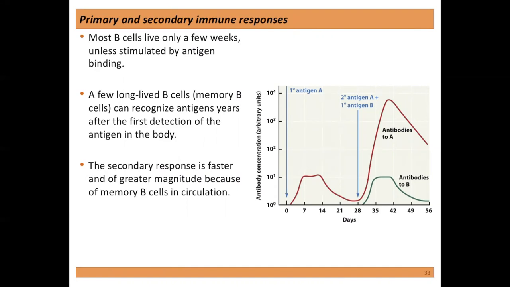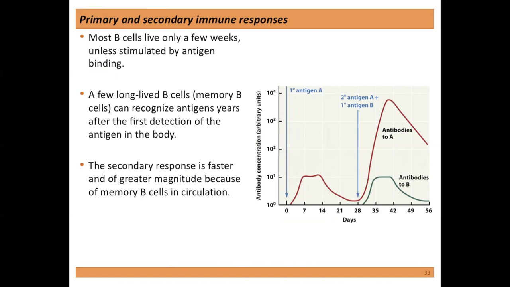Then if we happen to get exposed to the antigen again later, we have a much greater immune response, a secondary immune response. The reason for that is we tend to have those antibodies already built up, and they tend to be produced much faster and in much larger amounts.